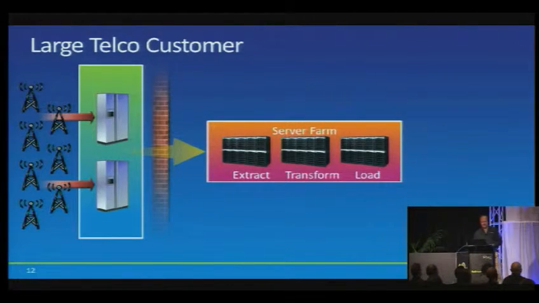So today, this company has a farm of 64 SSIS servers, distinct servers, running 64 processes in parallel, mapped to particular areas of towers to extract data. We're about to release 128 blade servers to deal with this process.